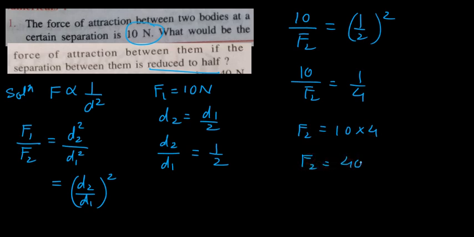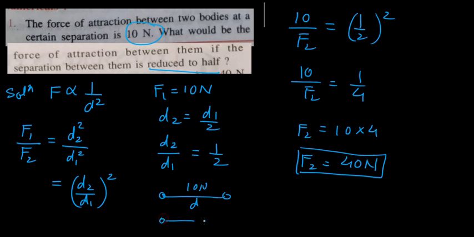F2 will be 40 Newton. So that means when two bodies are attracting each other with a force of 10 Newton, and when their distance is made into half, then this force will become 4 times, that is 40 Newton.